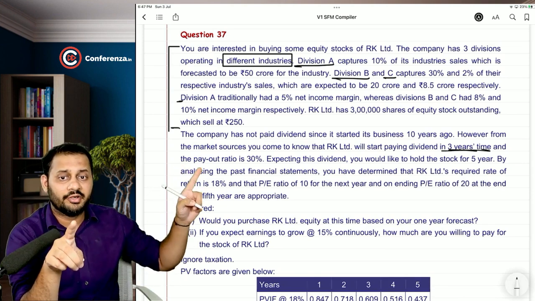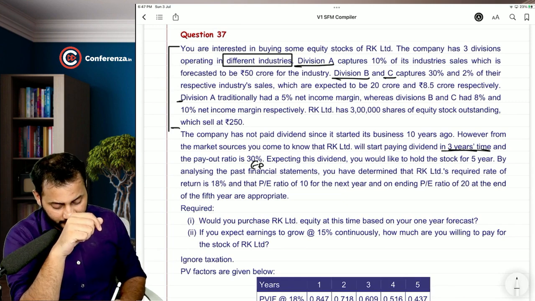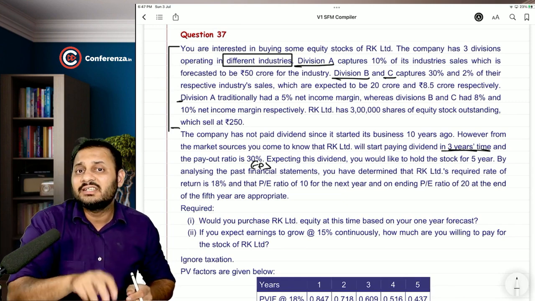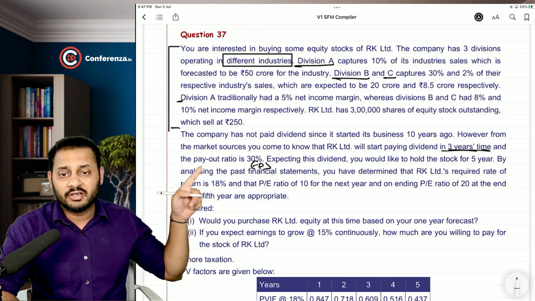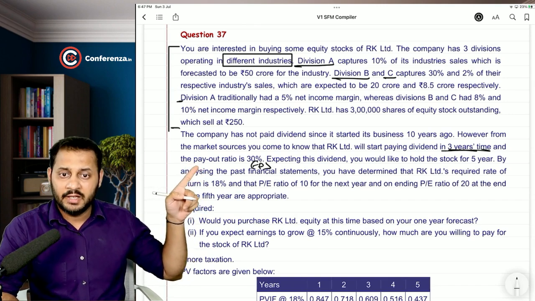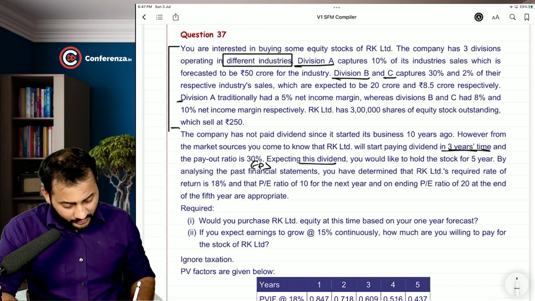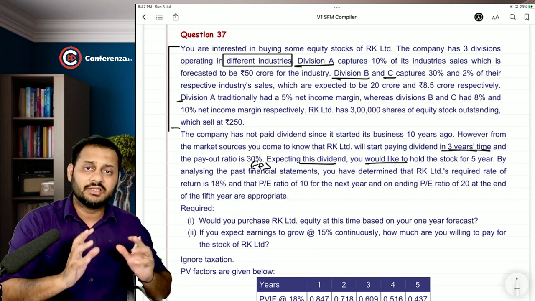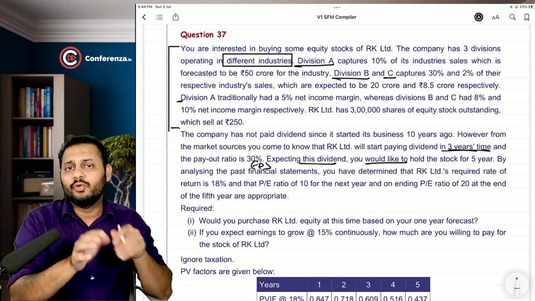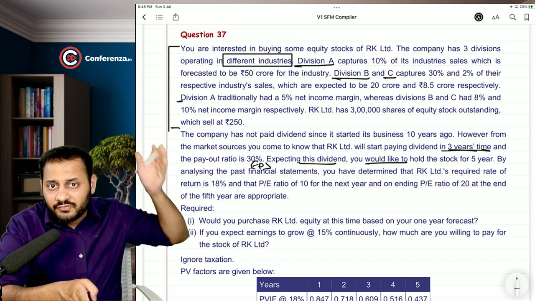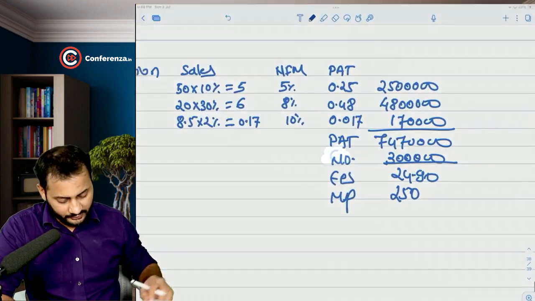And the payout ratio is 30% of EPS. So whatever the EPS is in the third year, 30% of that will be paid as dividend. Expecting this dividend, you would like to hold the share till the end of the 5 years.